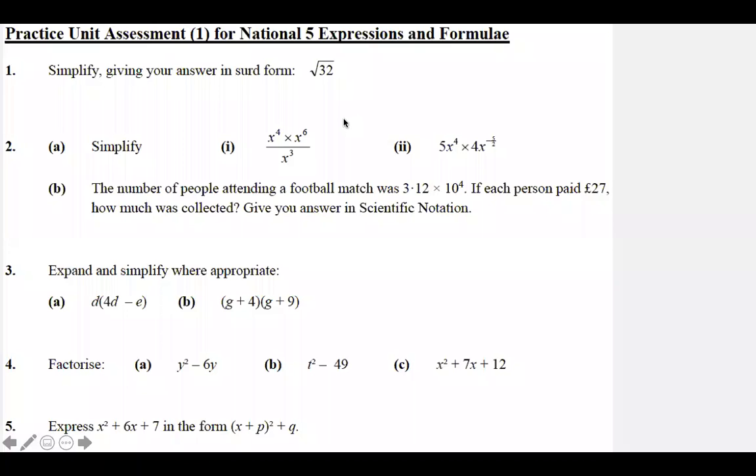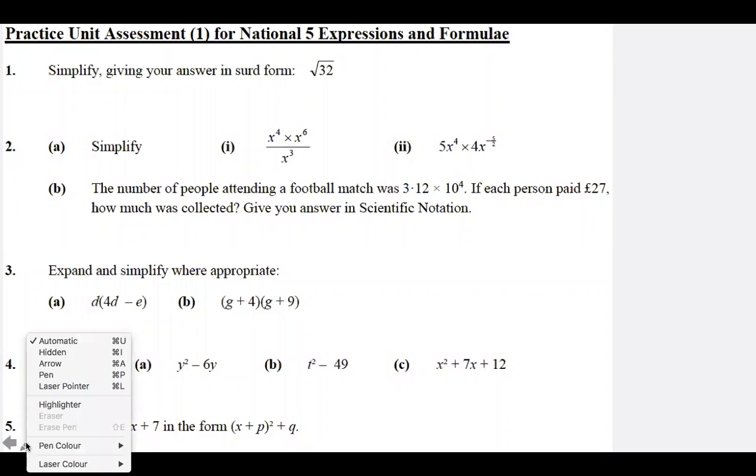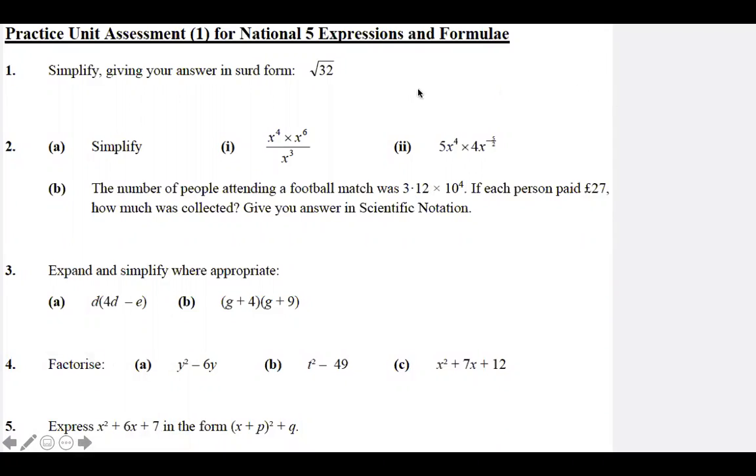root 32. Whenever I see something asking me to simplify a square root, I'm looking at square numbers. If I were you, I would put on the side of my paper a few basic square numbers.